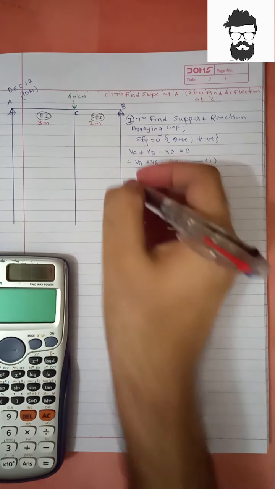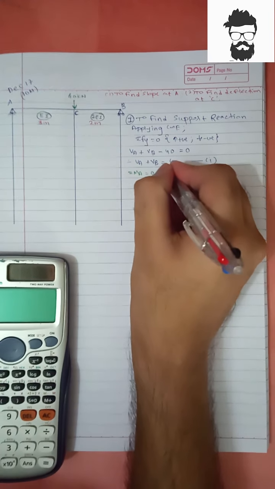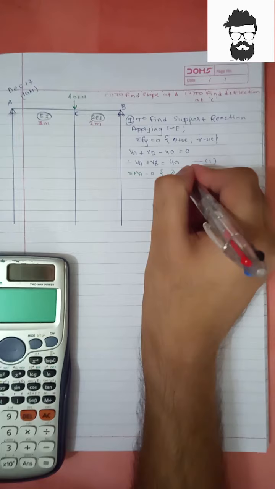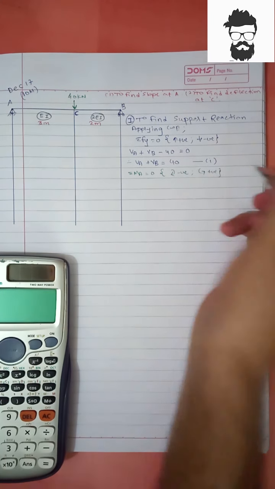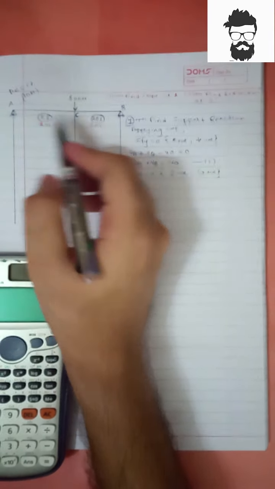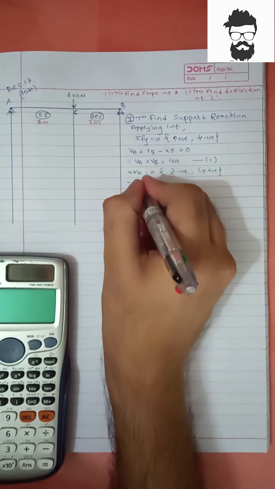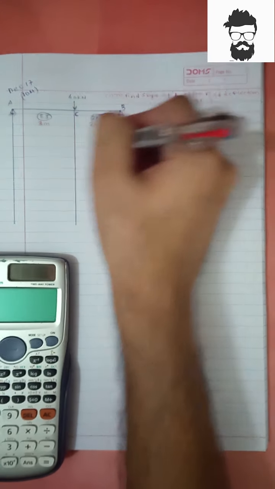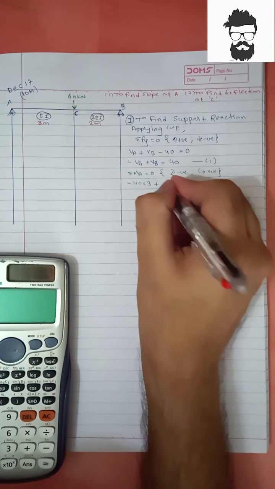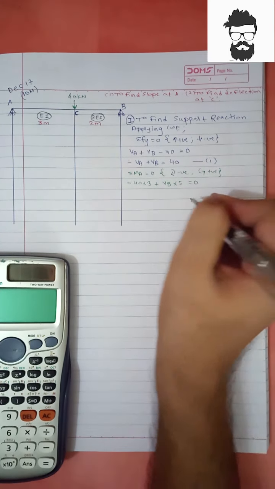Next we'll take moment at point A equal to 0. Clockwise is taken as negative, anti-clockwise is taken as positive. So moment at A: 40 into 3, it is going clockwise, so minus 40 into 3, and VB into 5, it is going anti-clockwise, so plus VB into 5 equals 0.